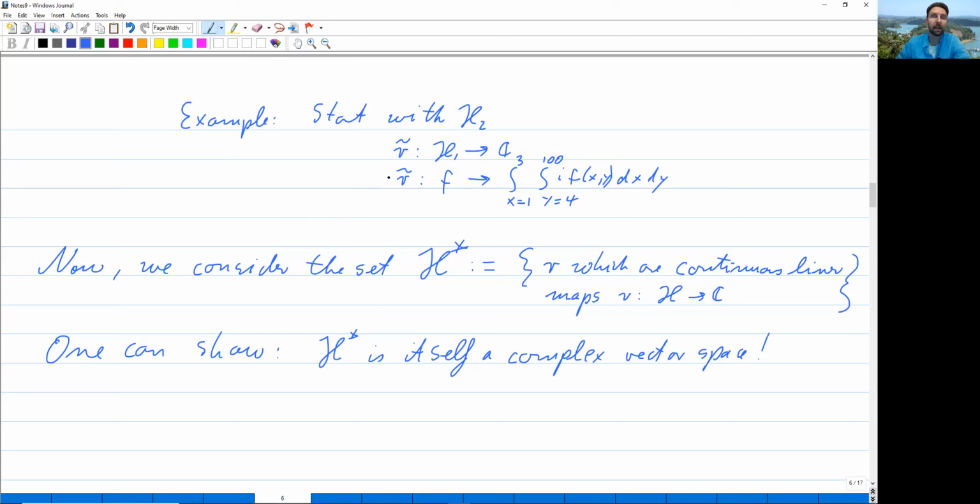So you apply R tilde on F and add to it what you get when you apply S tilde on F. That's the same as if you added first R tilde and S tilde and then applied that to F. And you can multiply them and so on. So H star is itself a complex vector space. And H star is called the dual space to H.